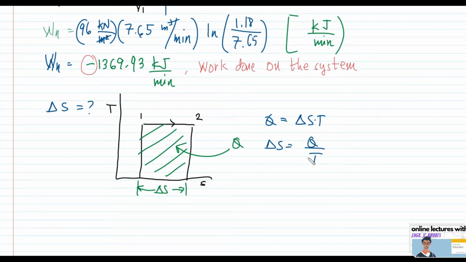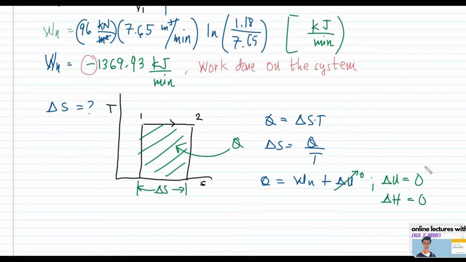But what is our heat? Our heat for an isothermal process would be equal to your non-flow work plus delta U, or the change in internal energy, but the change of internal energy is zero. For an isothermal process, your delta U is equal to 0, and also your delta H is equal to 0.